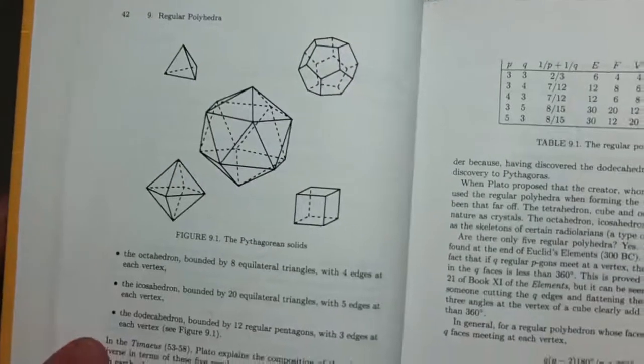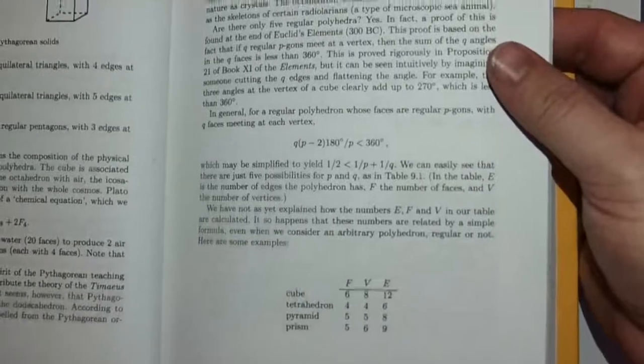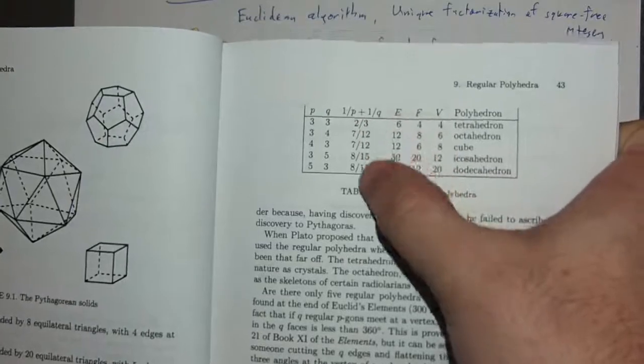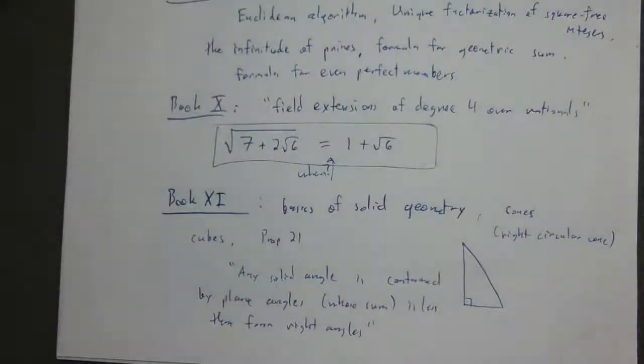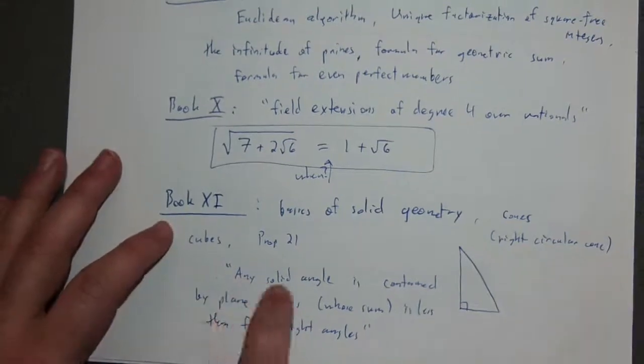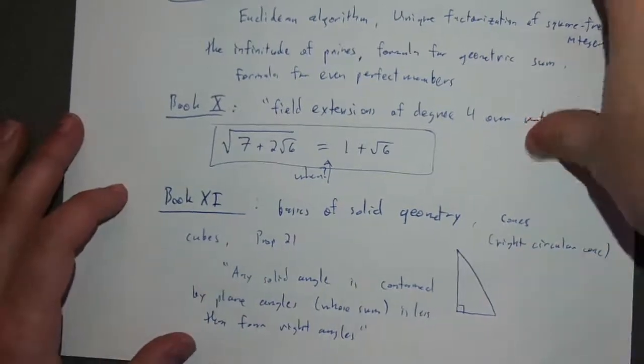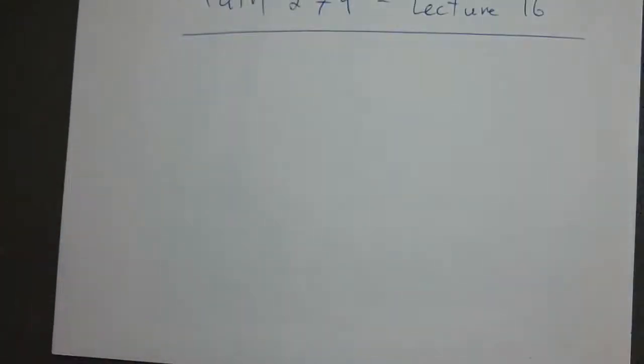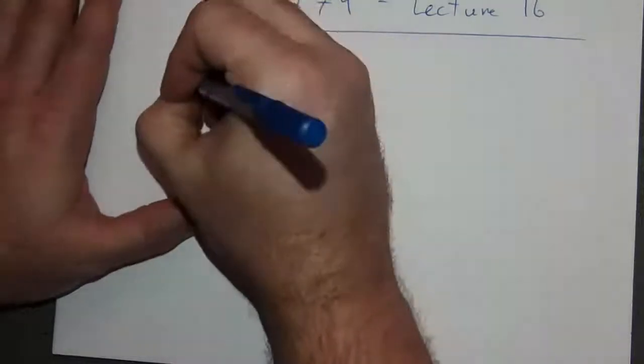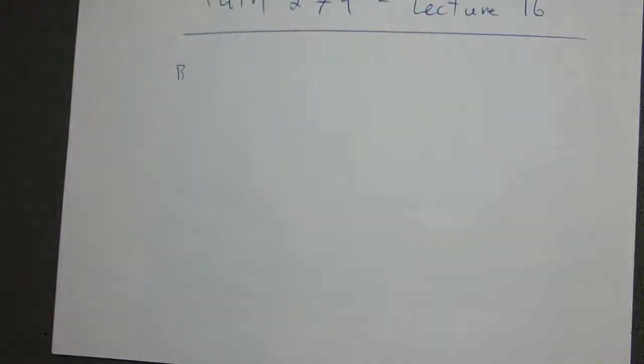Figuring out this sum of 1 over P and 1 over Q, which of those would work out? It turns out that restriction, and my being able to show that there are only 5 of them, comes from this fact. The reason this is shown in Book 11 is that in Book 13, Euclid wants to say everything there is to say about the Platonic solids, or the Pythagorean solids.